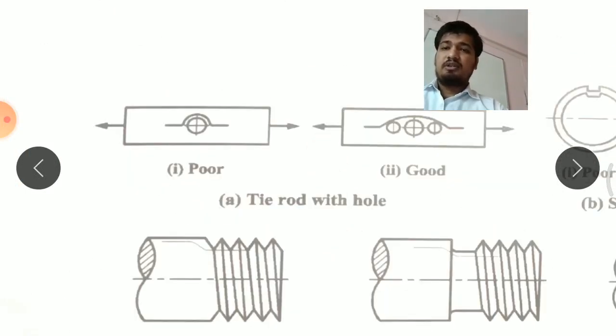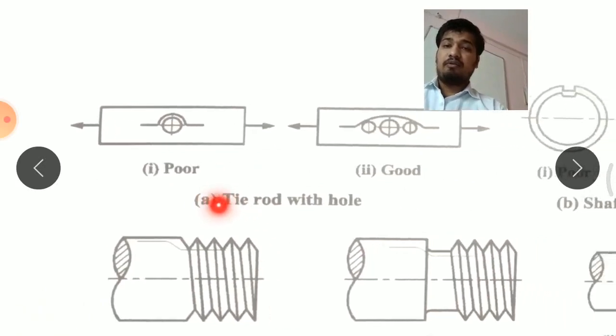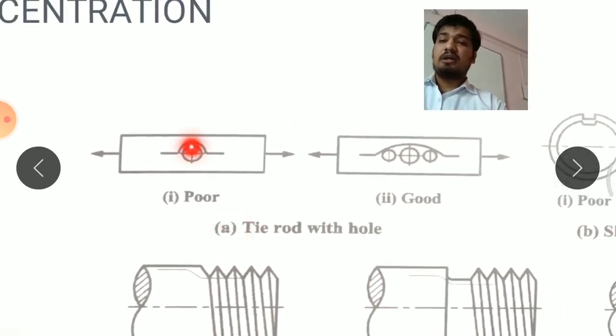Here the first example is a tie rod with a hole. This is a rod, and inside that rod we produce one hole.